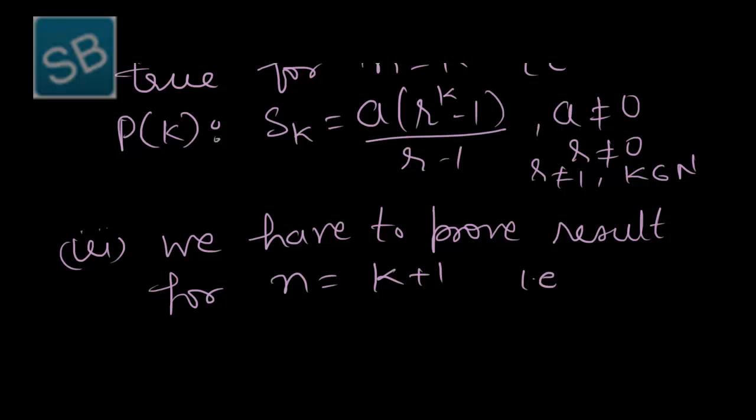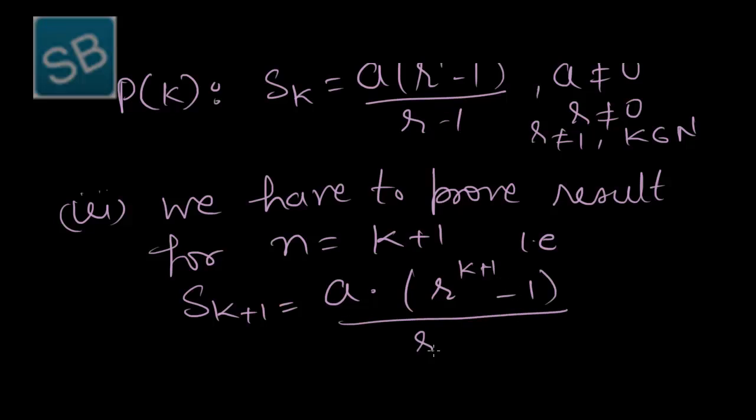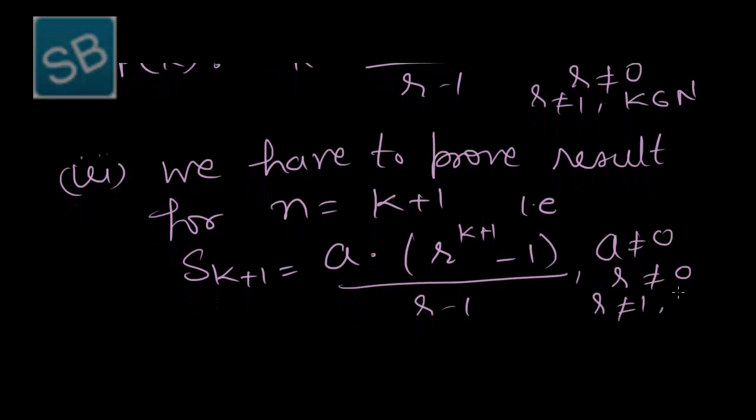That is, we have to prove S of k plus 1 is equal to A into R raised to power k plus 1 minus 1 over R minus 1 for A is not equal to 0, R is not equal to 0, R is not equal to 1, and k belongs to N.